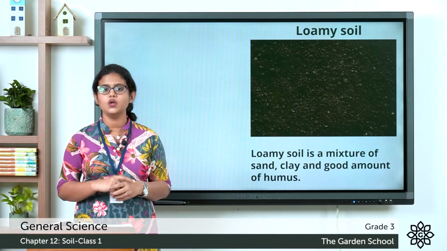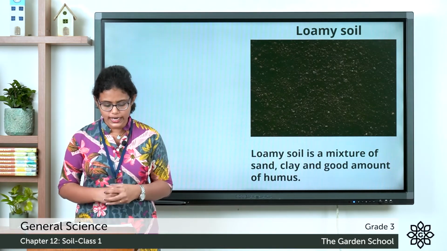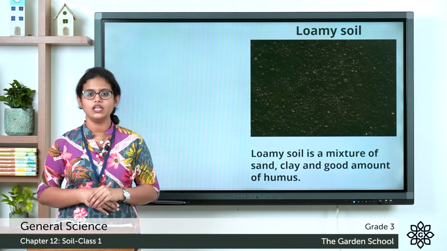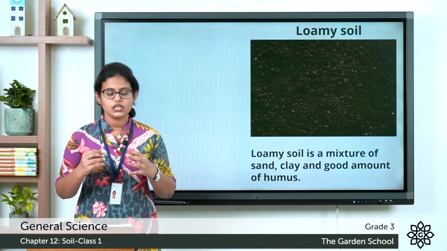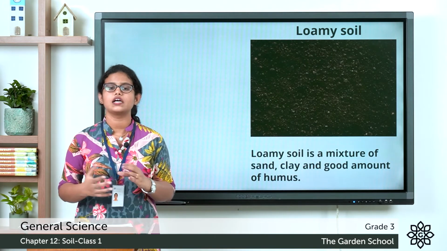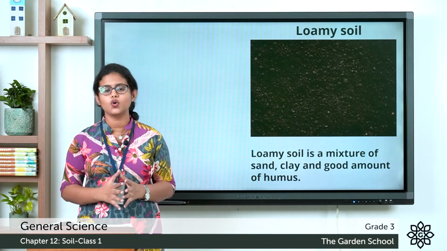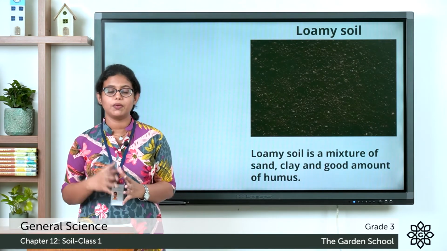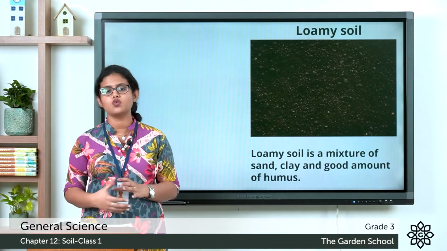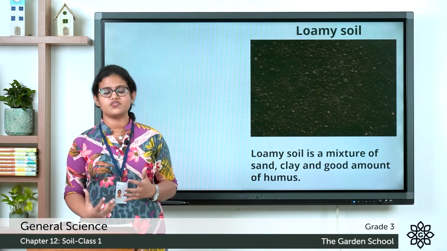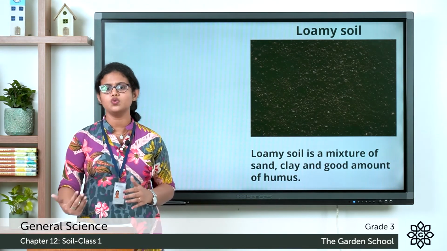In clay soil we learnt that water gets collected between the gaps. But in loamy soil the water does not collect as easily as in clayey soil. Most of the plants grow in loamy soil because it contains a good amount of humus.